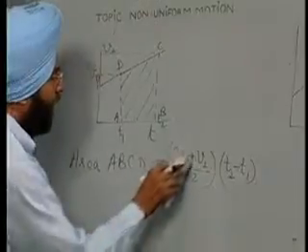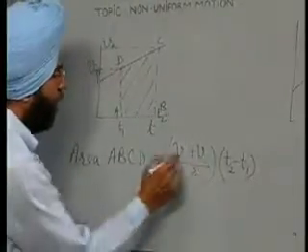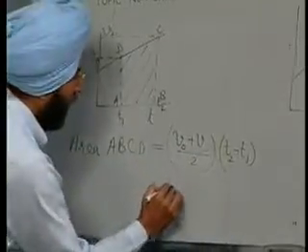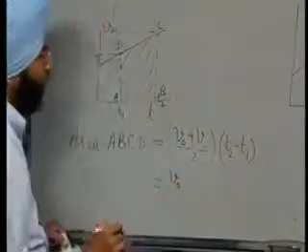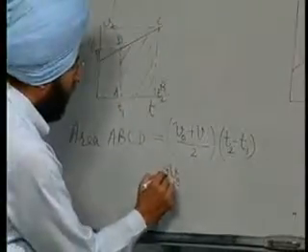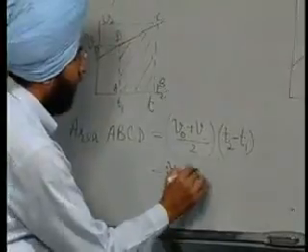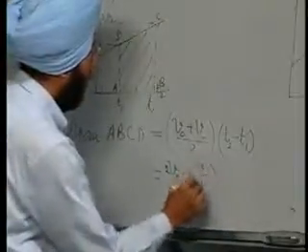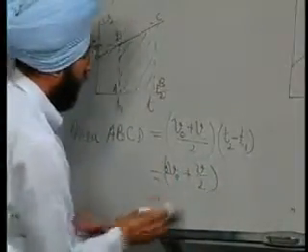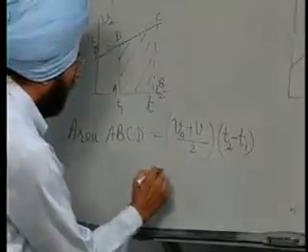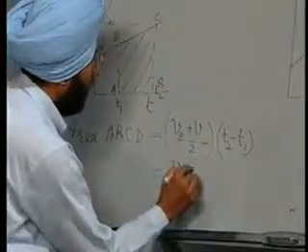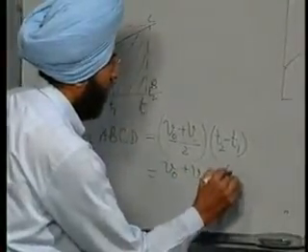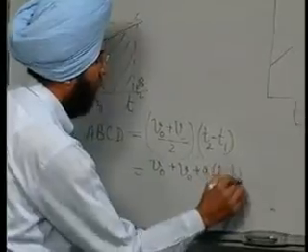Now, if we take V1 as V0 and V2 as V, we can write this as V naught plus V naught plus A T over 2 into T 2 minus T 1.